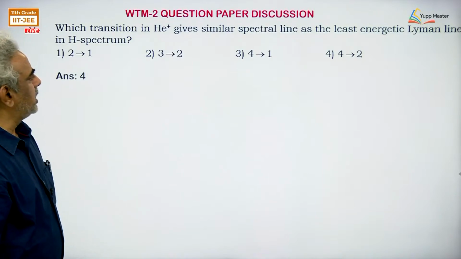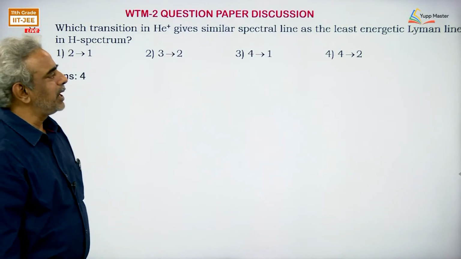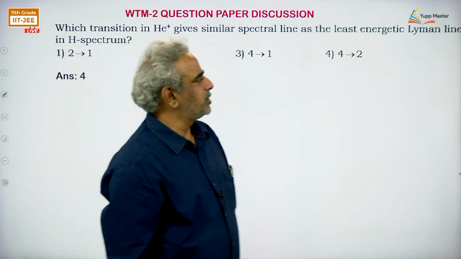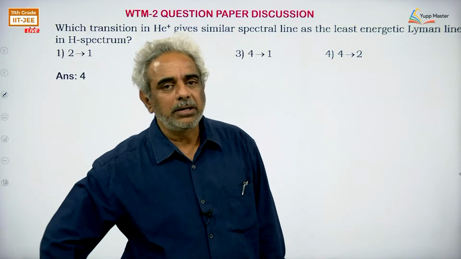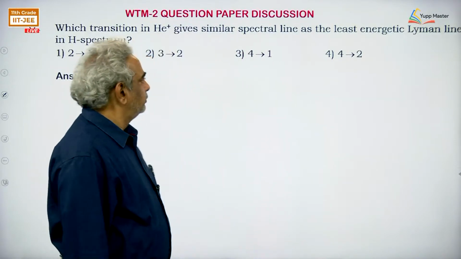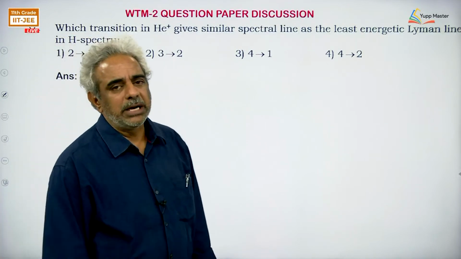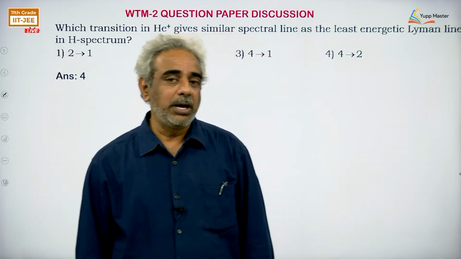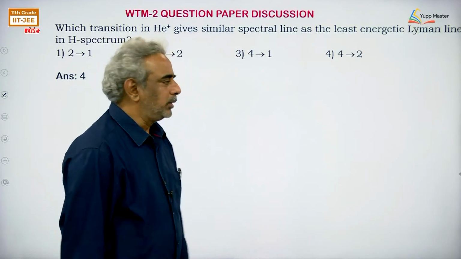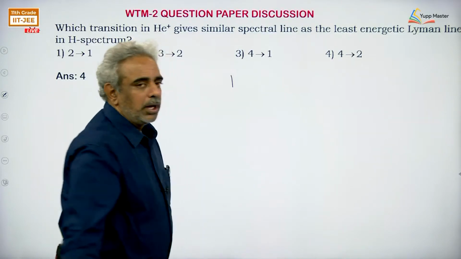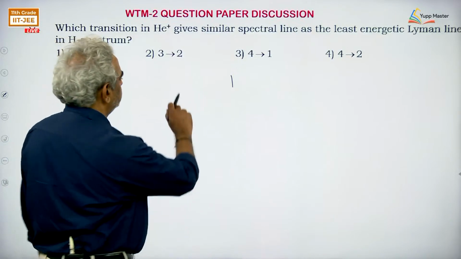Which transition in helium plus gives a similar spectral line as the least energetic Lyman line in the hydrogen spectrum? What do you mean by the least energetic Lyman line in the hydrogen spectrum? Lyman, it must be 1. Least energetic, 2 to 1.